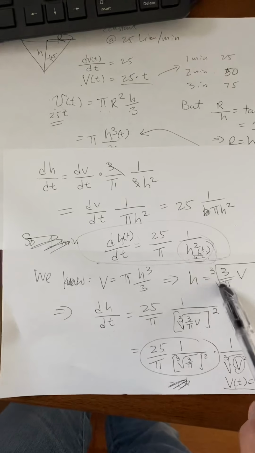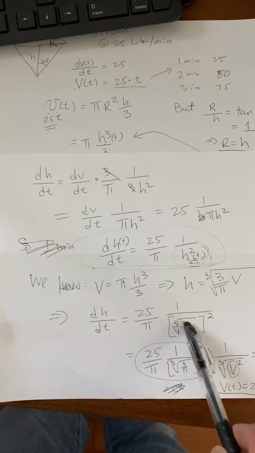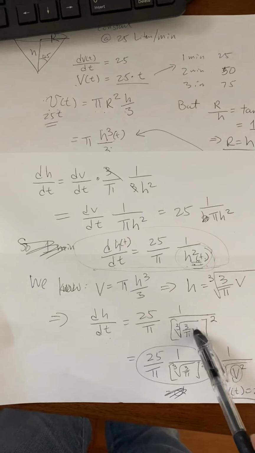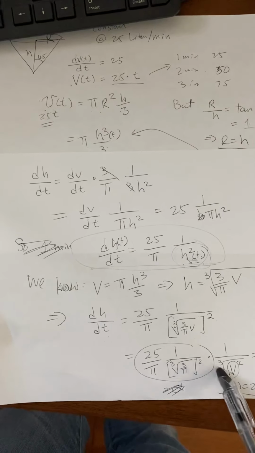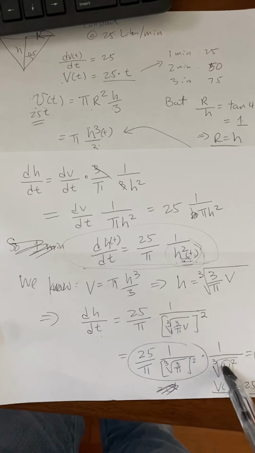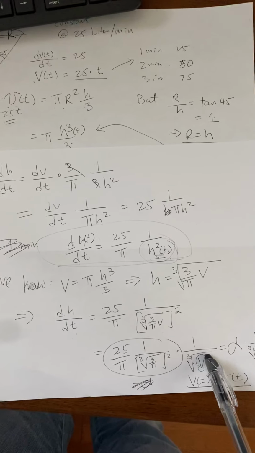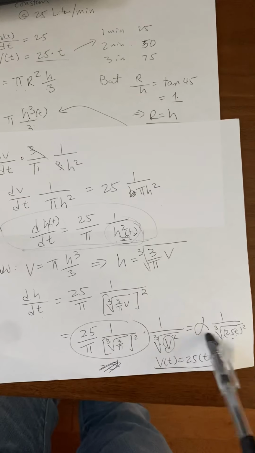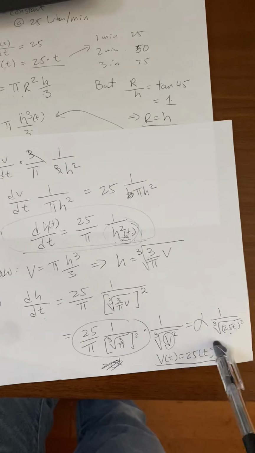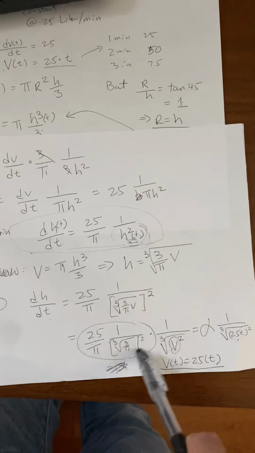H squared. This is h squared. And then you can take the 3 pi out and take the square into here and then multiply that, right? These can be separate here. A square, remember to put the square in there, right? And then you know V is equal to 25t.